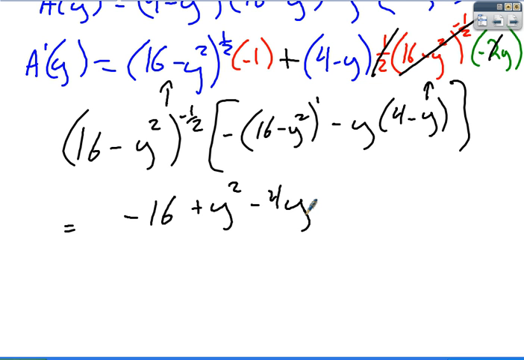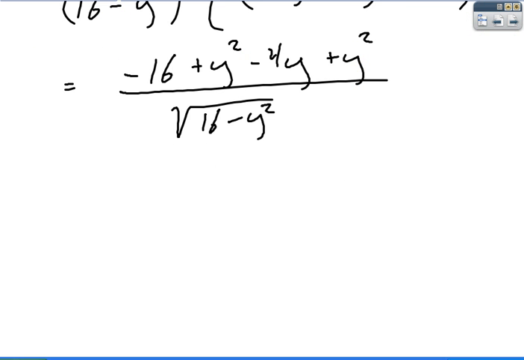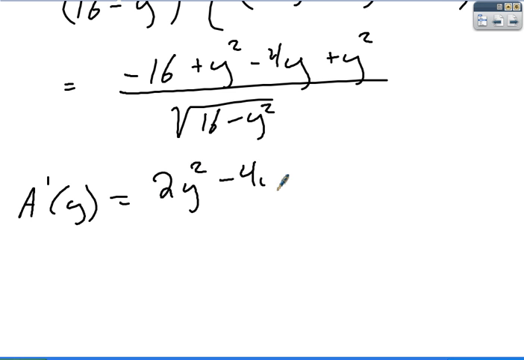On the bottom, we've got the square root of 16 minus y squared. And so what does this turn out to be? y squared plus y squared is 2y squared minus 4y minus 16 over the square root of 16 minus y squared.